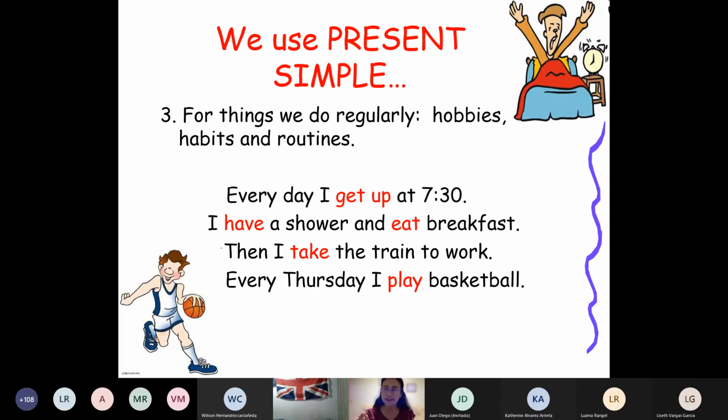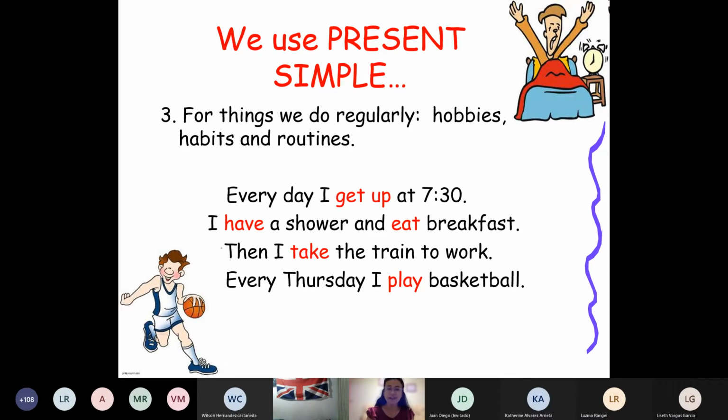The verb get has an S. Gloria gets up at 7:30. She has a shower and eats breakfast. Then she takes the train to work, and every Thursday she plays basketball.